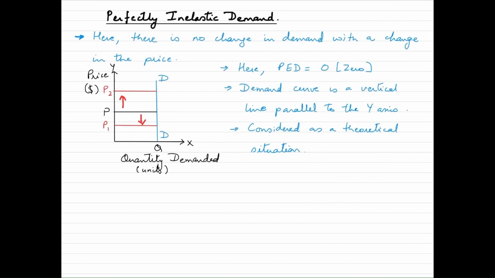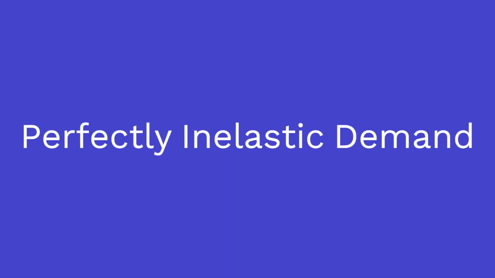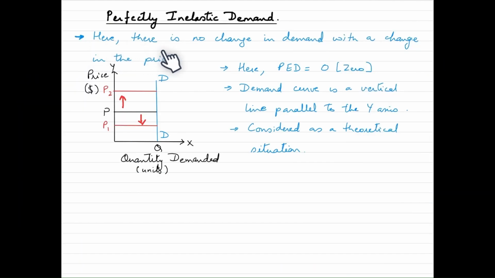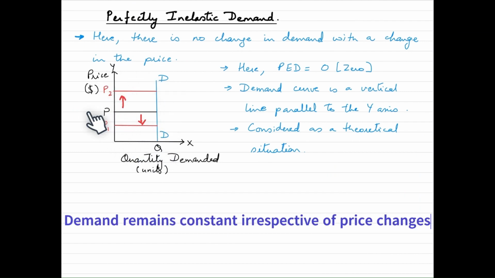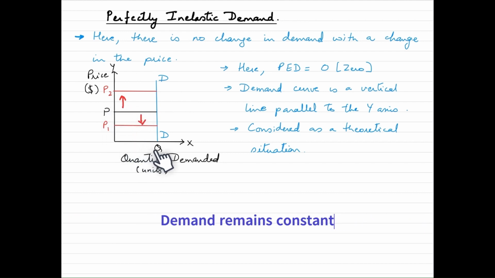The last degree of elasticity of demand is perfectly inelastic demand. What happens here is there is absolutely no change in the quantity demanded, whatever be the change in price. So if we see in this graph, if the price falls down from P to P1, there is no change, the demand remains at Q. If the price rises from P to P2, again there is no change in quantity demanded, giving us a vertical demand curve.